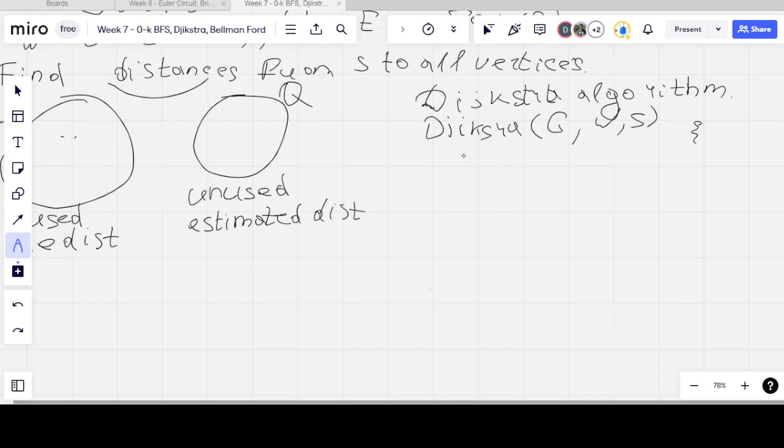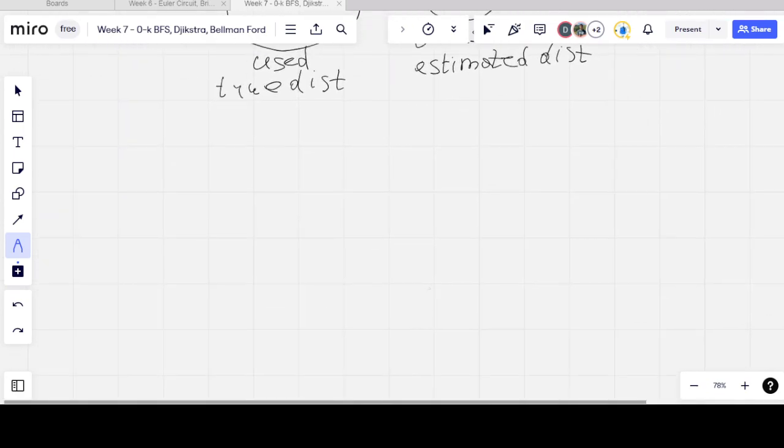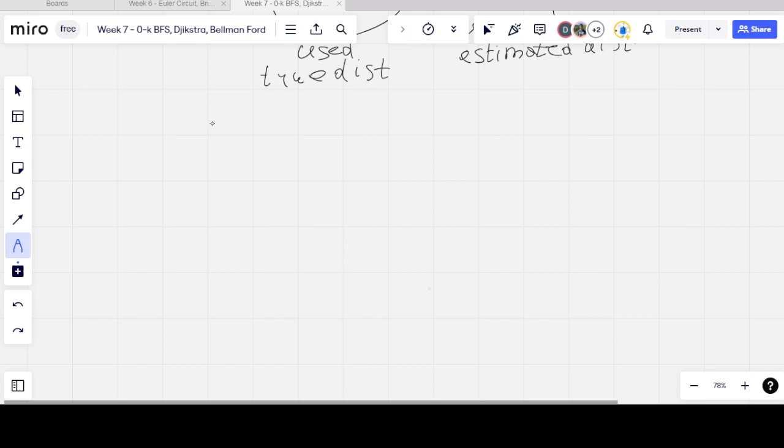I think I need to write a function because we will use it for the next algorithms. Initialize single source function.